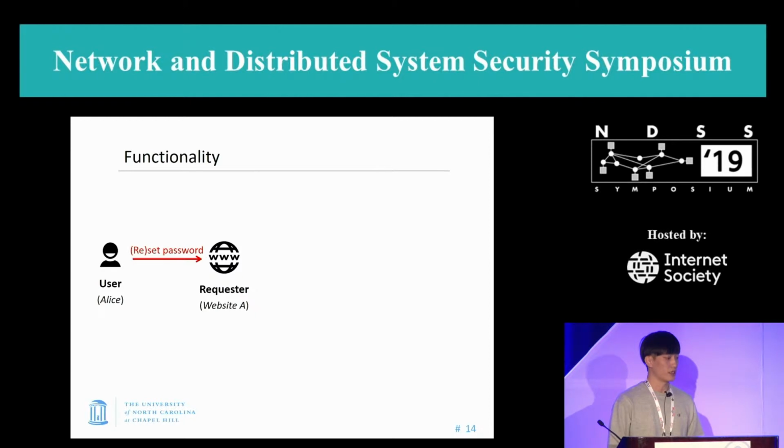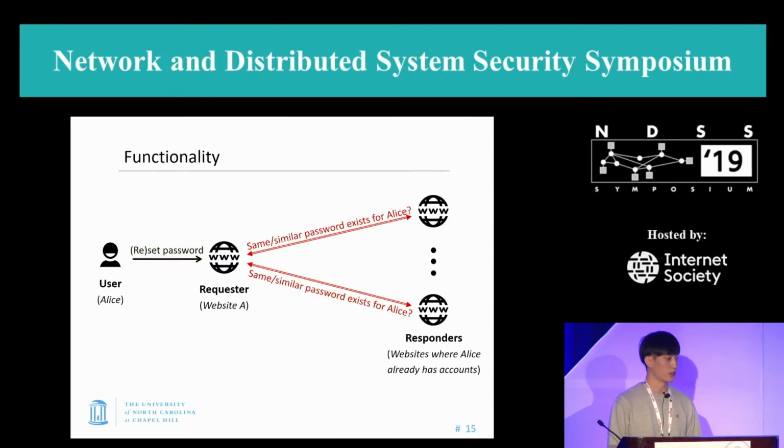After Alice submits a new password to website A, the requester will be able to check with other websites where Alice already has accounts, here called the responders, whether or not Alice's submitted password or its similar variants have already been used by Alice at these responders. With such a password reuse check, the requester could determine whether or not to accept Alice's submitted password. Of course, if rejected, Alice could submit another password for a new check.